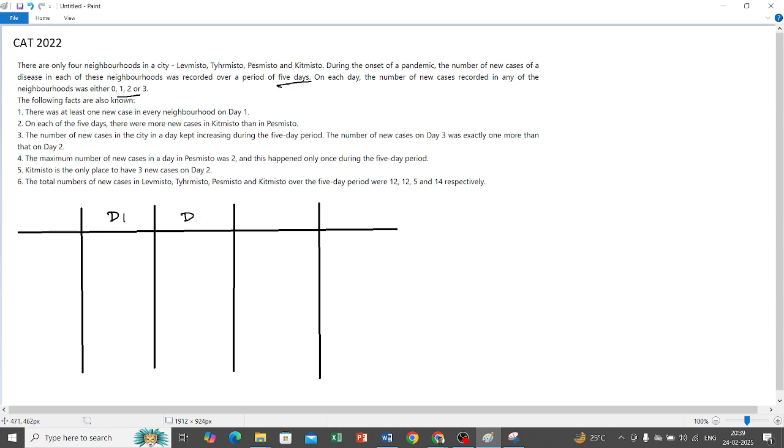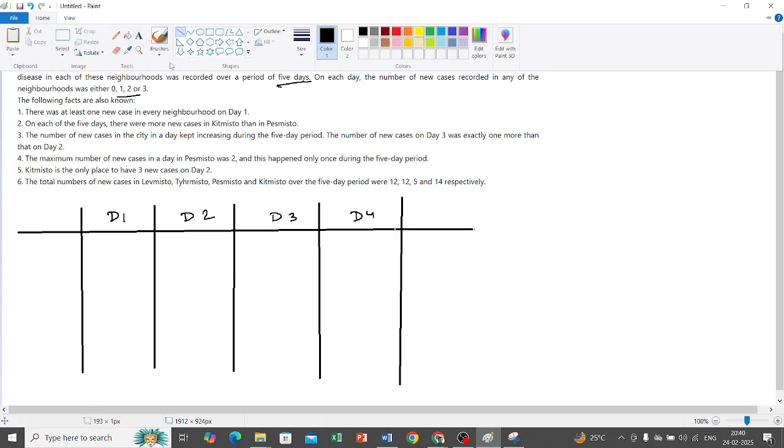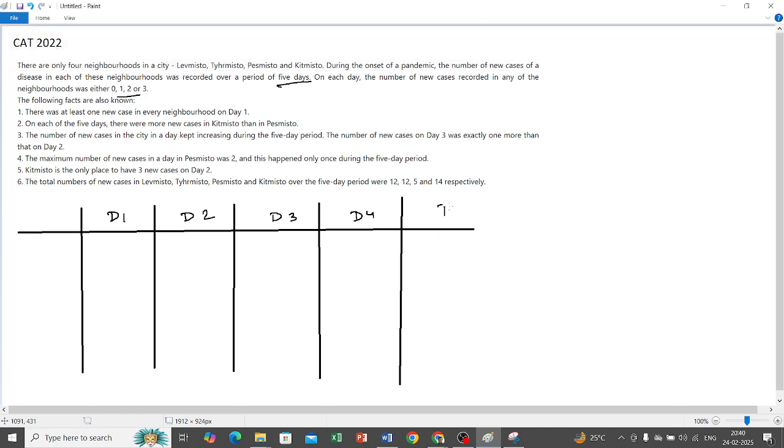So d1, d2, d3, d4, d5. So I put the days in the column side. You can put it in the row side, no problem as well. Now L in the row, T in the row, P in the row, K in the row.